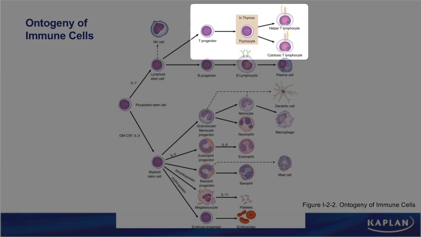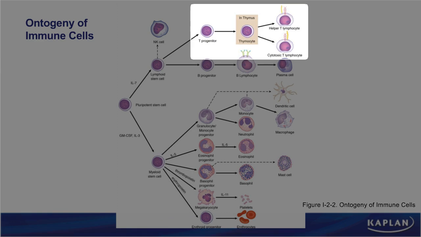So they tend to exit the bone marrow, travel to the thymus. They get to assume a new identity. They get to now call themselves thymocytes. And it is within the thymus that they will undergo their development and terminally differentiate into one of 2 larger groups of T cells.